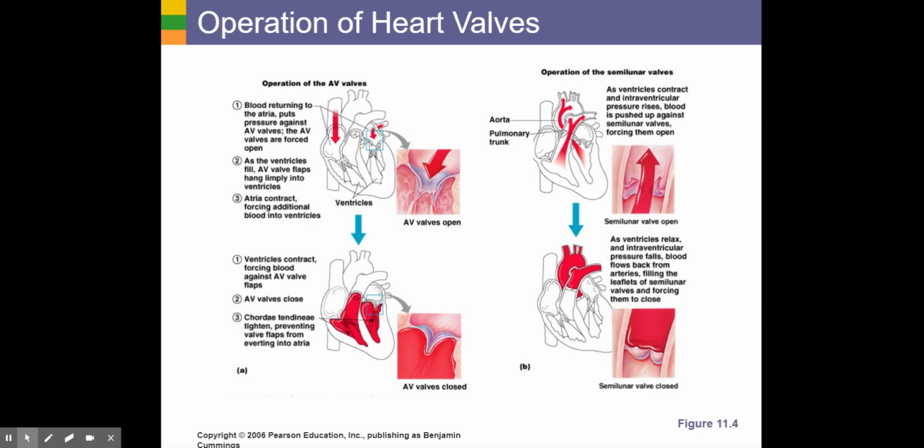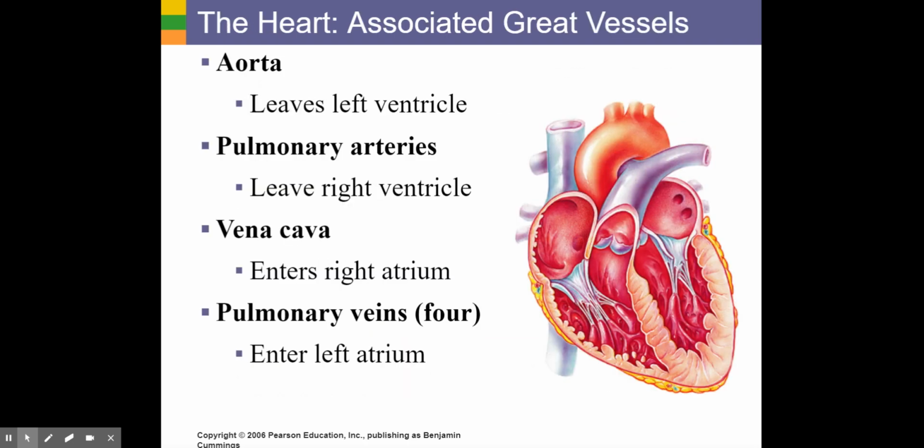So lub would be the closing of these ventricles, because when the atriums contract, they're forcing blood down. We're going to get a backflow of blood. So that's the SLV valves closing. The dub, which is usually much stronger, is then these valves closing here.